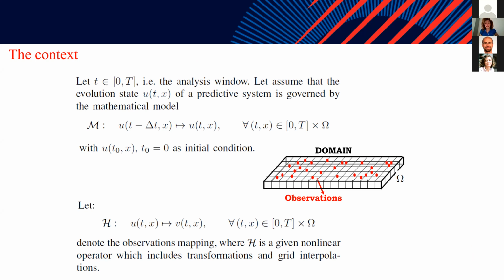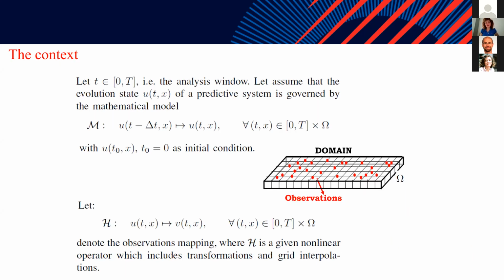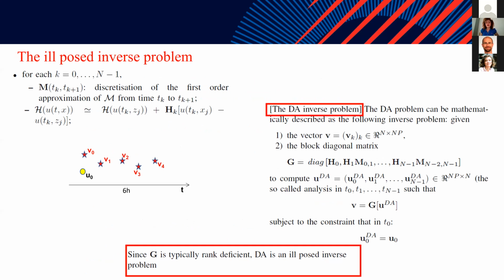I will go quickly on this because I'm sure you have seen a lot of these equations over the past days. Just briefly, for the notation in this presentation, M will be our forecasting model. H is our observation mapping, the observation operator. And G is just a diagonal operator when you have a 4D model.